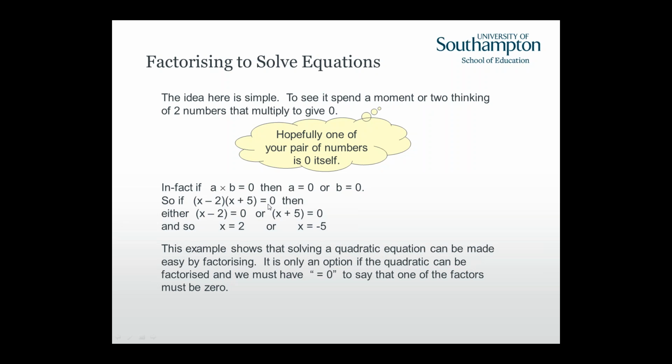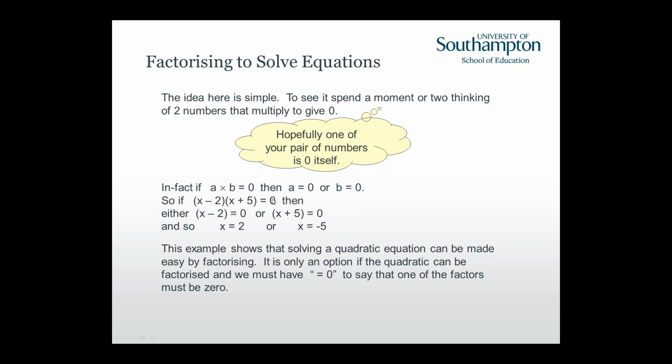You cannot do that. You can only factorise the quadratic once it is all on one side equalling 0. That's the only way that we can then say that one of those must equal 0. The kids fall into that trap all the time, completely forgetting to bring it over.